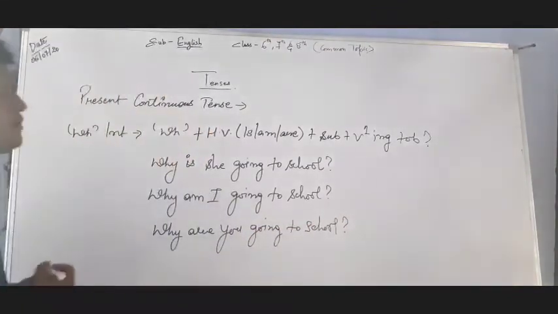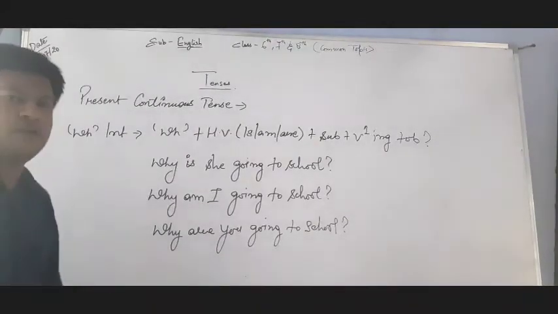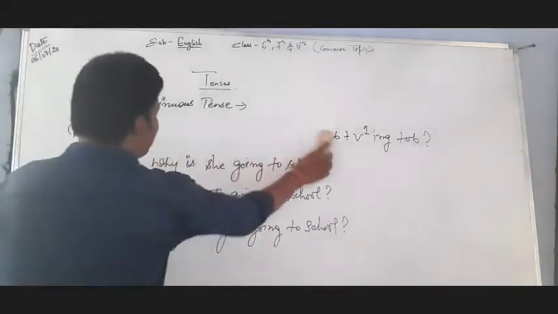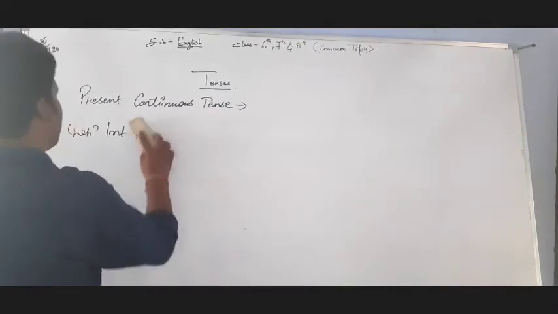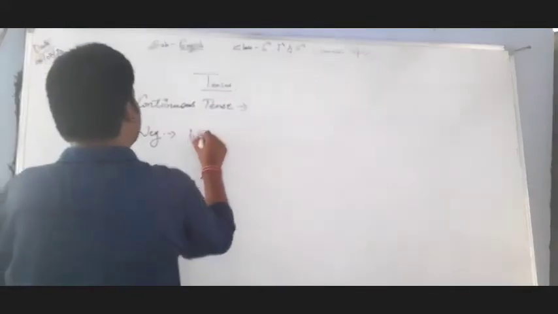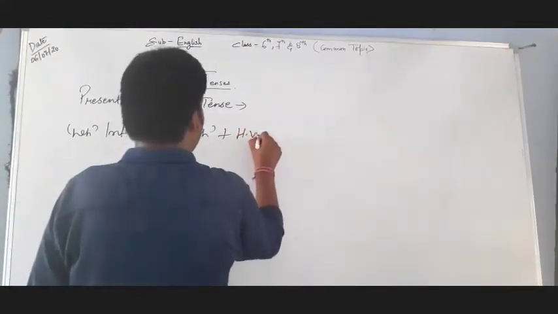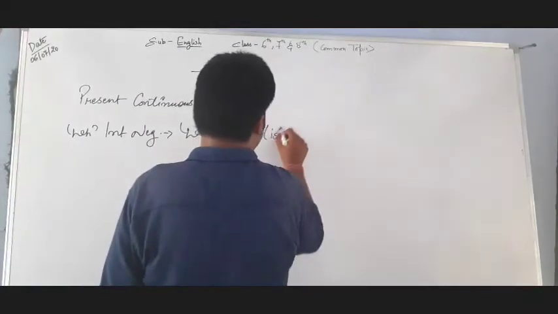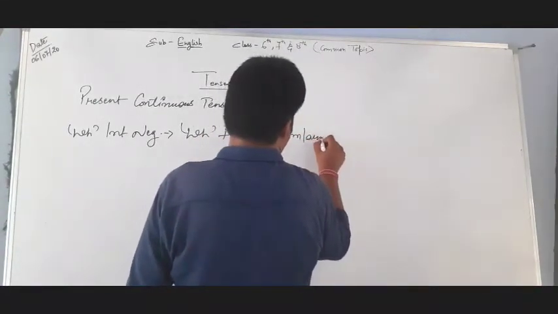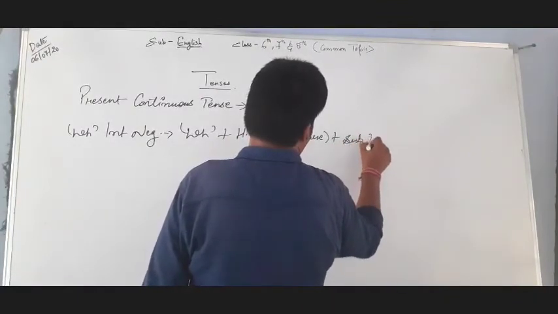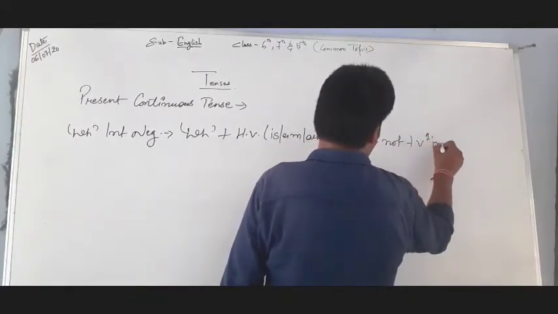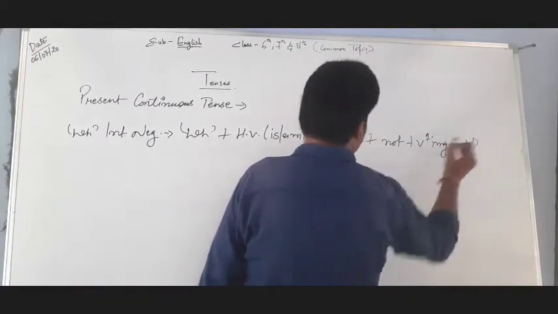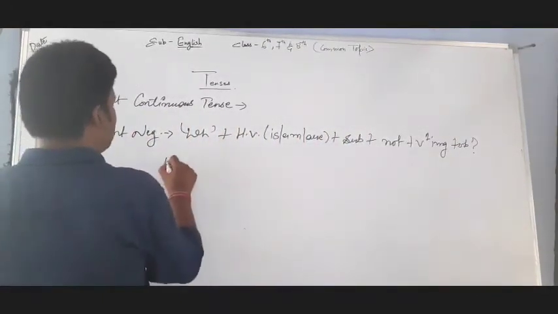Now the last one I am going to teach you is WH interrogative negative sentences. So here I am writing for you WH interrogative negative sentences. The formula here is WH word plus helping word, that is, am, is, are plus subject. Because it is negative, I will write not plus verb first form and ing plus object. Let's write some examples.